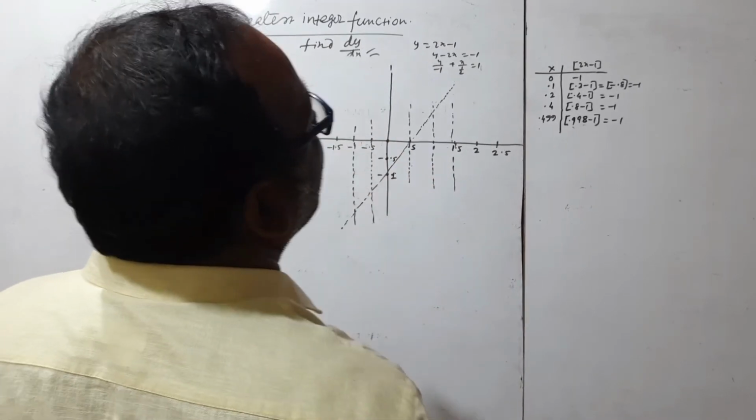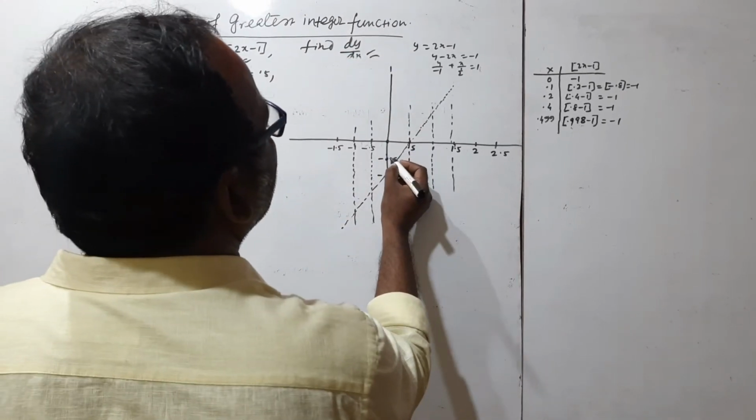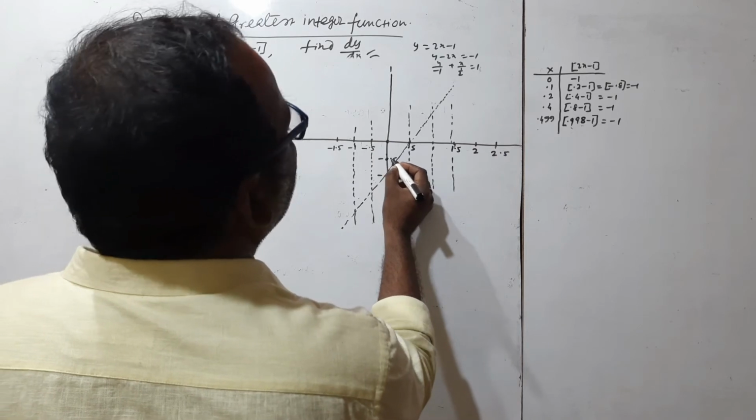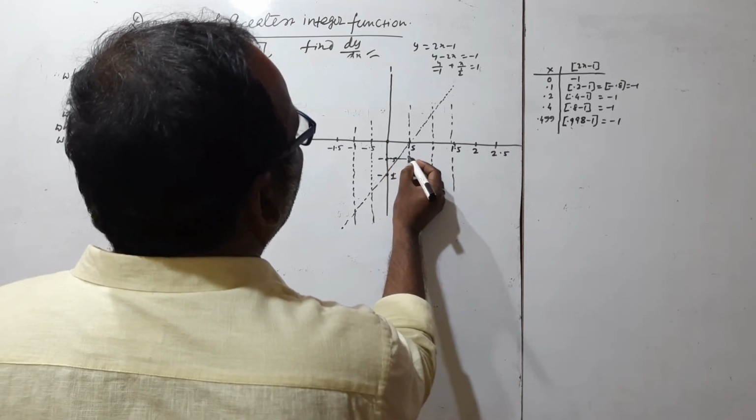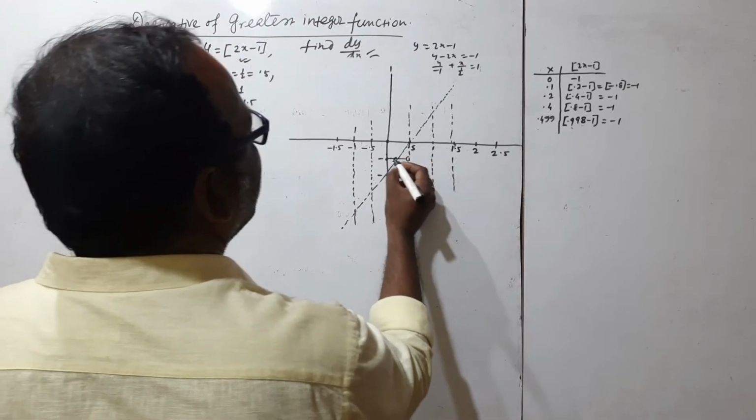This is from 0 up to close to 0.5, not exactly 0.5 of x.